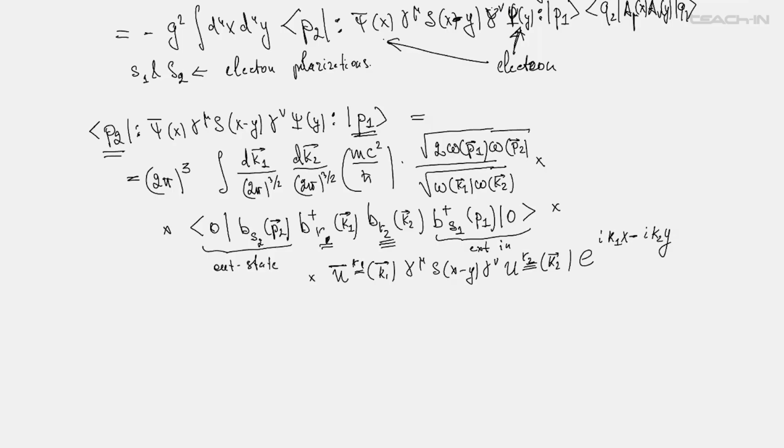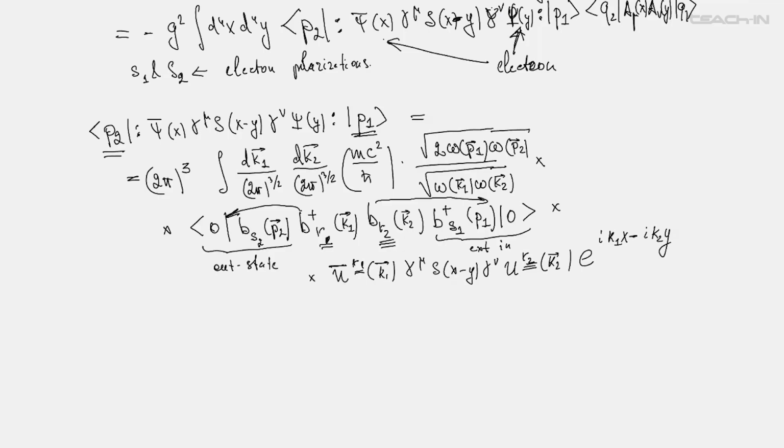But first we have to compute the matrix element which corresponds to these creation annihilation operators sandwiched between vacuum states. So what we do, we move b to the right, to the vacuum, so that b will annihilate it. And then we also move b dagger to the left, to the vacuum, to annihilate it.